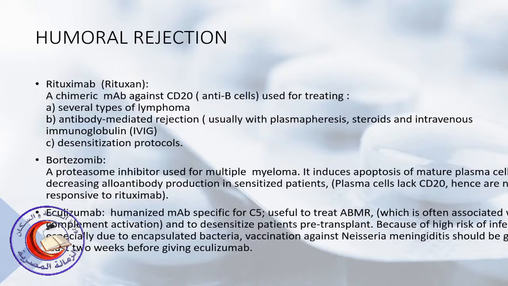Another drug is bortezomib, a proteasome inhibitor. Proteasome, don't be confused or shocked by the name. It's simply a complex made of several proteins within the cytoplasm. And this proteasome is necessary for division of the cell and for production of important molecules that the cell normally produces.